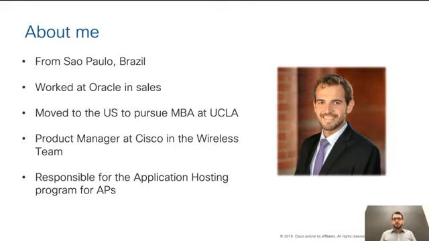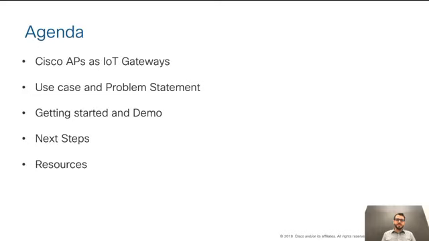Today in the wireless team, I'm responsible for this program, which is application hosting for access points. I'm going to talk you through the presentation, how that works and what is exciting about it. So let's start. This is our agenda for today. I'm going to explain a little bit the motivation to make access points IoT gateways.